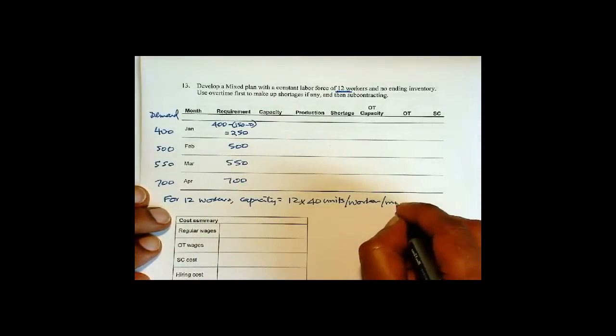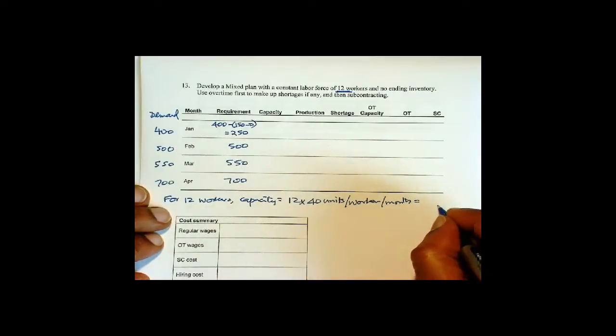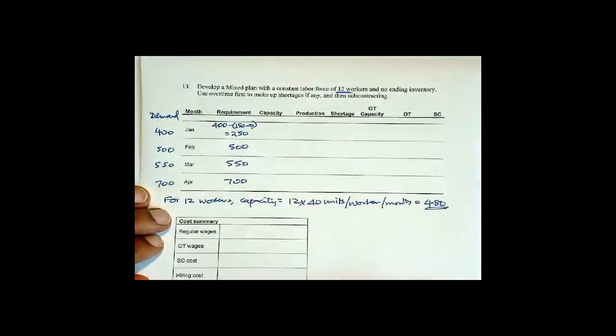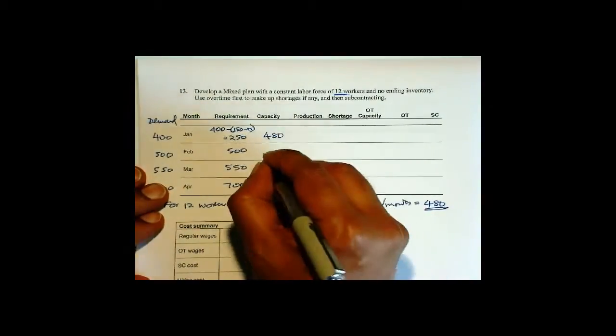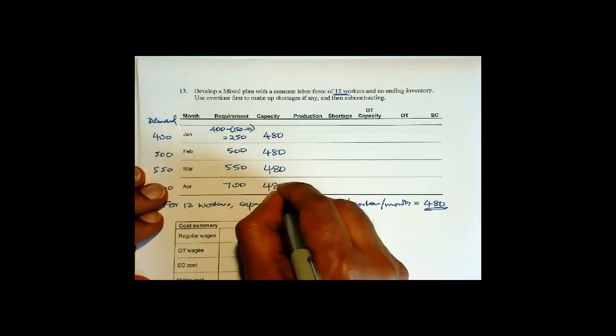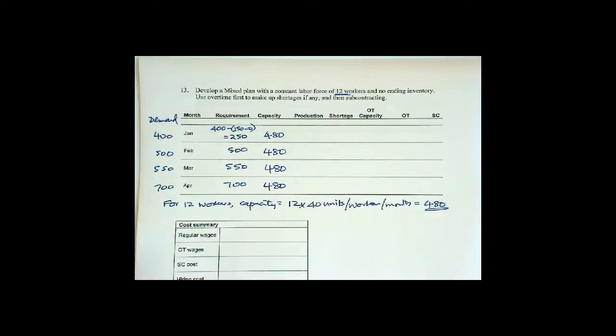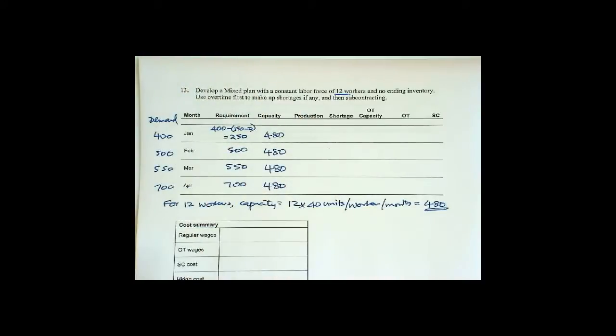So we calculated this early on. So 480. So capacity is 480, 480, 480 and 480. So we have the requirement and we have the capacity, and we have to now determine how much the production is going to be in each month.